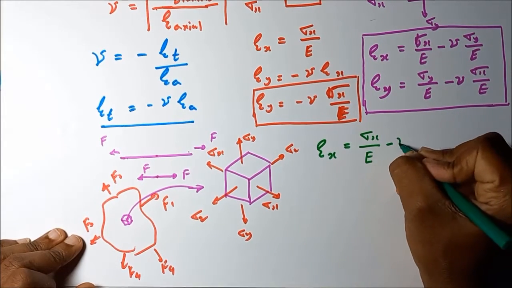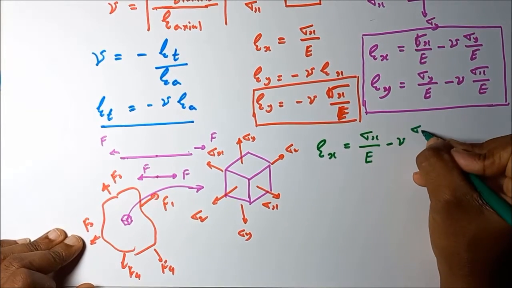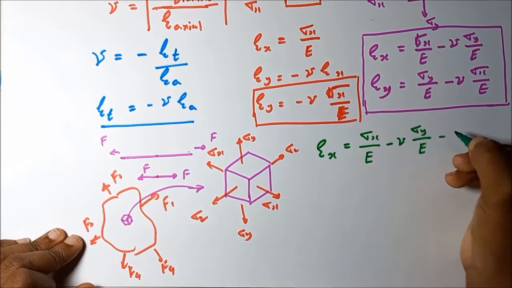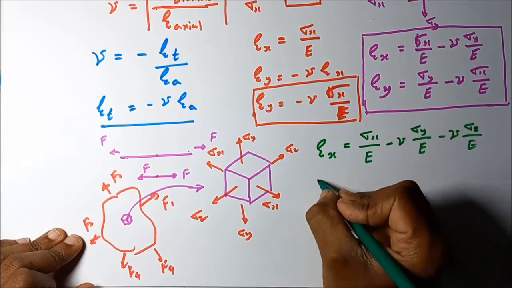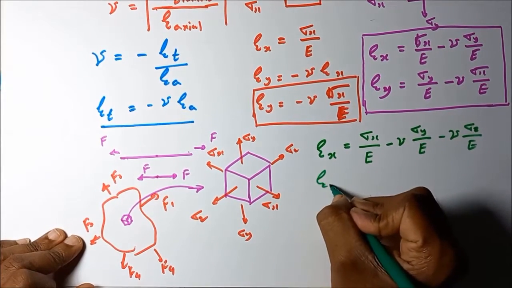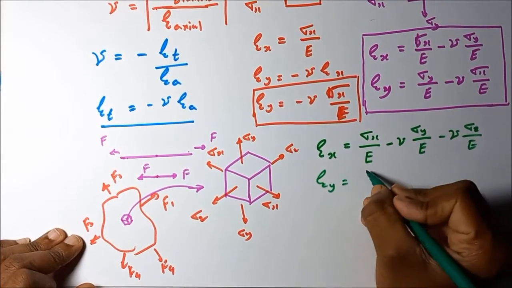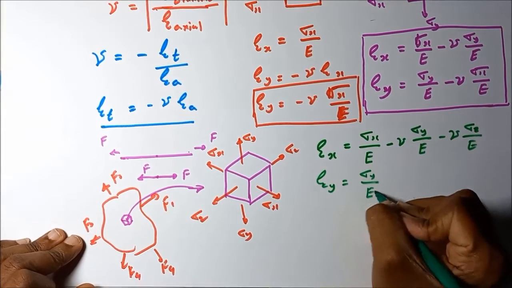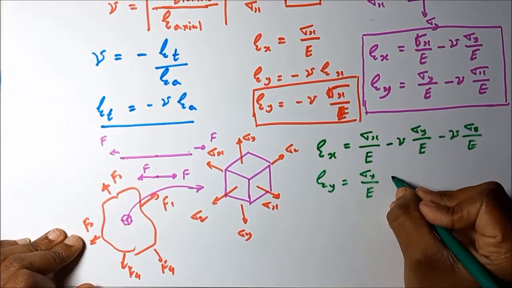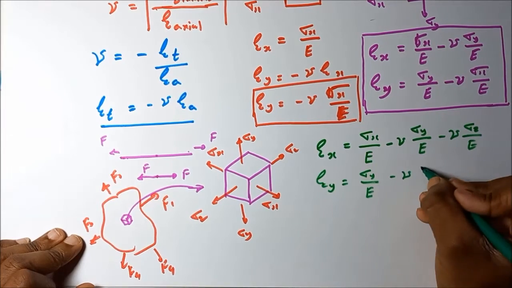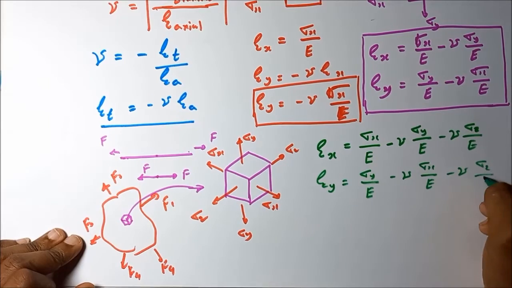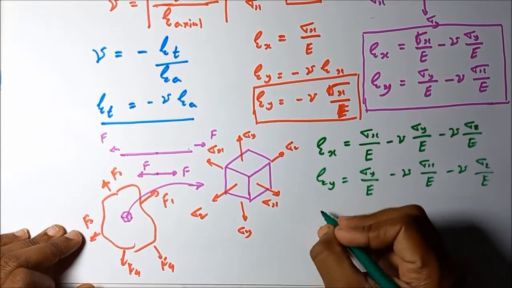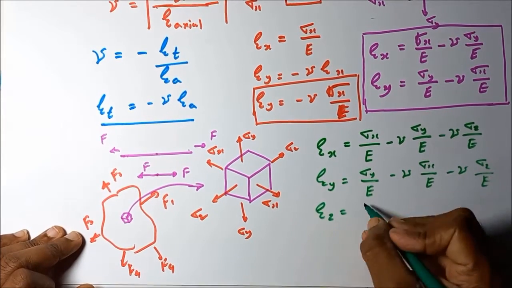Then we subtract the contraction due to sigma y, nu sigma y divided by E, and the contraction due to sigma z, nu sigma z divided by E. Similarly, the strain in y direction is sigma y divided by E, the stretch due to sigma y, minus nu sigma x divided by E, minus nu sigma z divided by E. Then similarly, we can write the equation for strain in z direction.